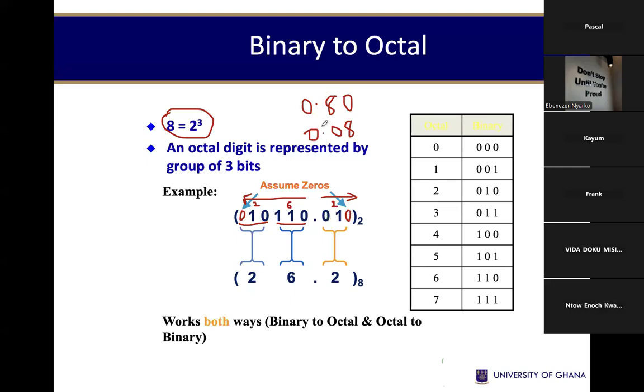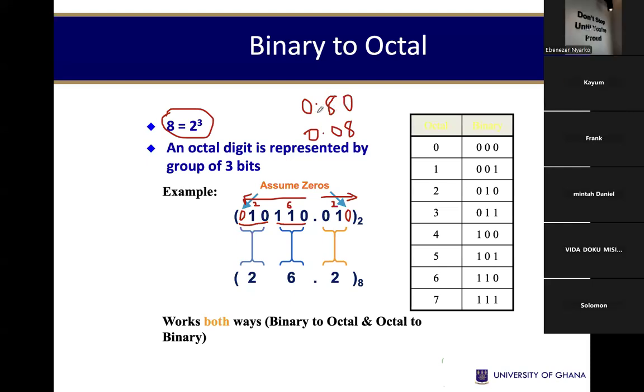That will change the number. I just explained that if I have, let's say, 0.8, I can only add the 0 after the 8 to make it 0.80. I can't bring the 0 before it. If I bring the 0 before it, it becomes 0.08, and that will change the meaning. So in your case, you have 0.01.